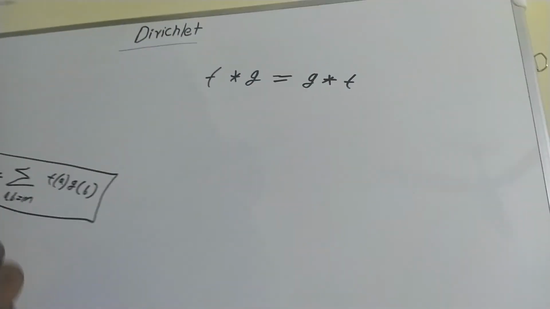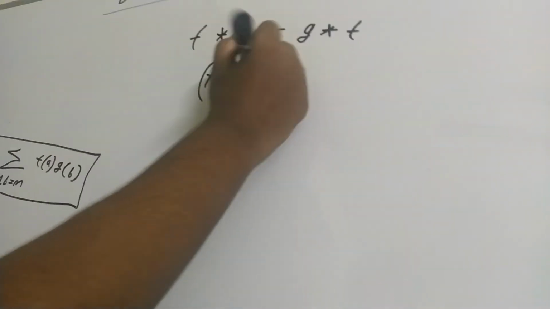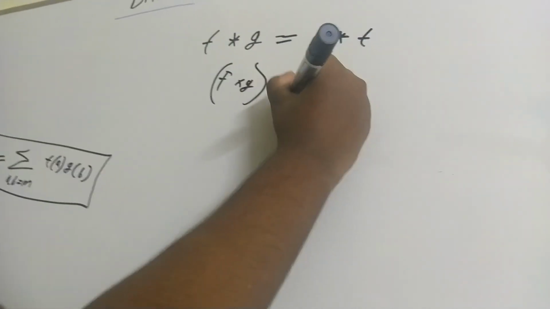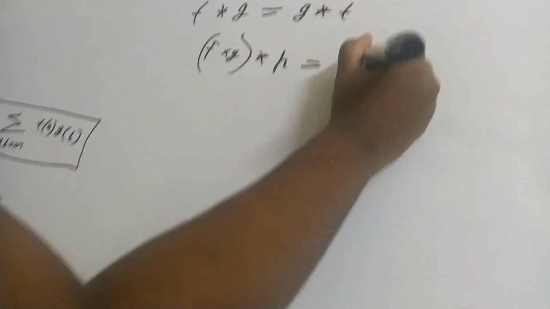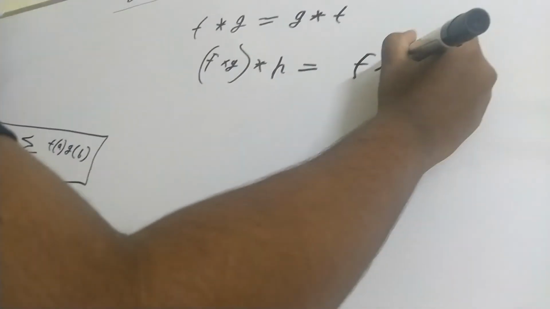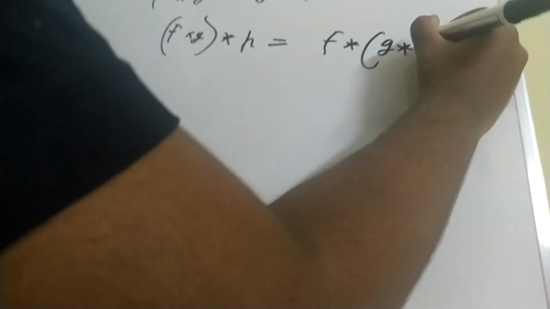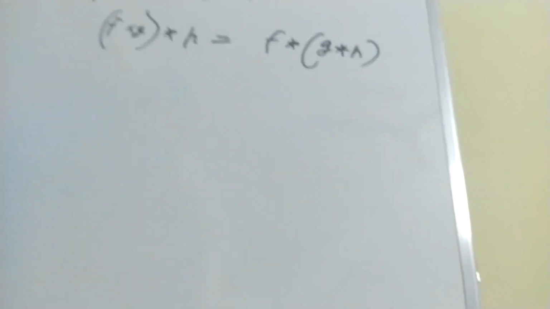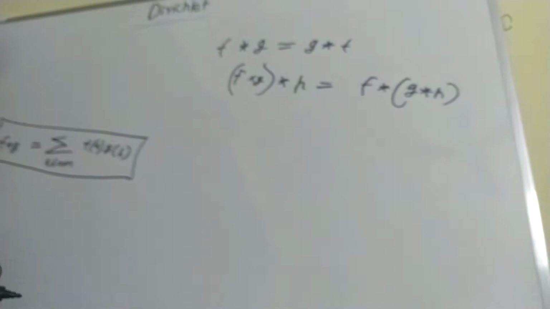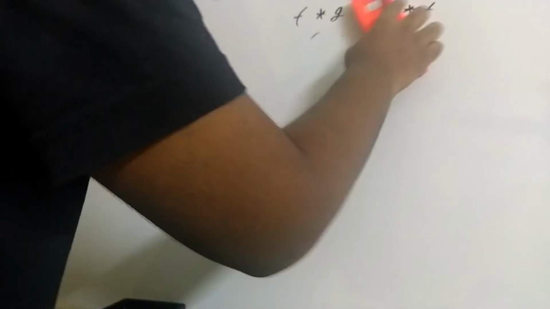This is rather an interesting property, and this can be extended. f convoluted by g, the whole convoluted by h, is going to be equal to f convoluted by g convoluted by h. A rather interesting property. But I haven't told you why convolution is essential yet.